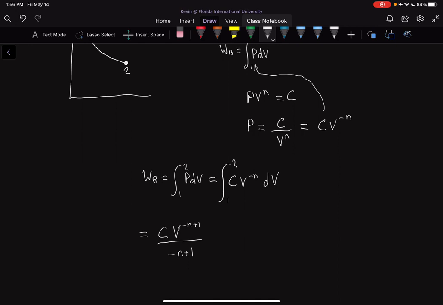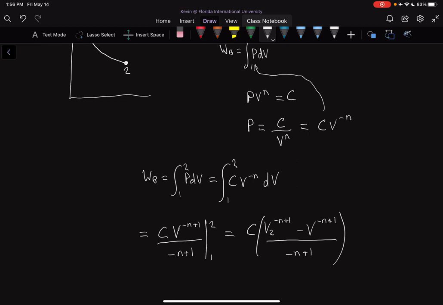Hopefully you remember your integrations, and this would be from 1 to 2. And now we can put the values in. So we would have C times V2 to the minus n plus 1 minus V1 to the minus n plus 1, divided by minus n plus 1. That would be our equation.